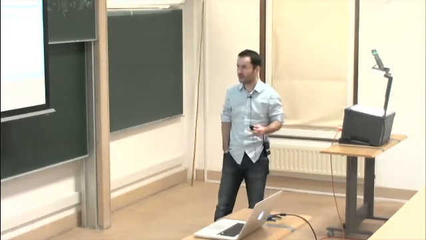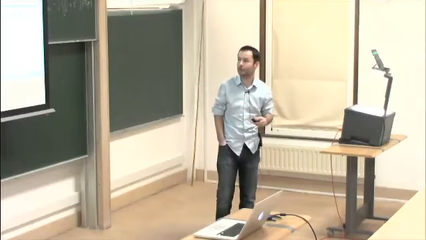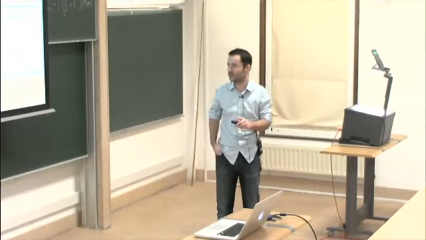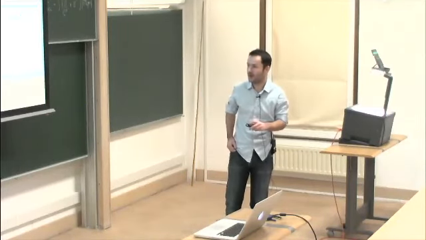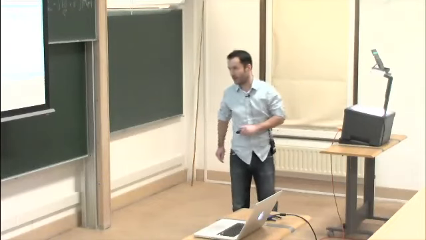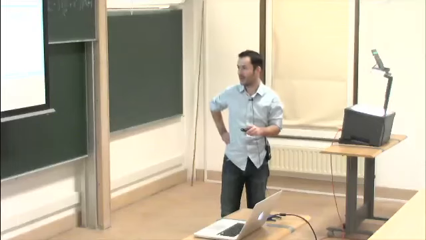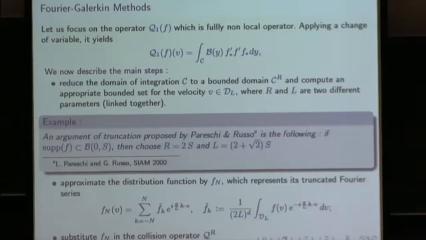Then you approximate the distribution function f by a truncated Fourier series that you denote by f_N, which is given by this quantity here. This is the truncated Fourier series, and the f_k hat are the Fourier coefficients. Then you substitute this new distribution function f_N in the collisional operator Q1, and you compute.